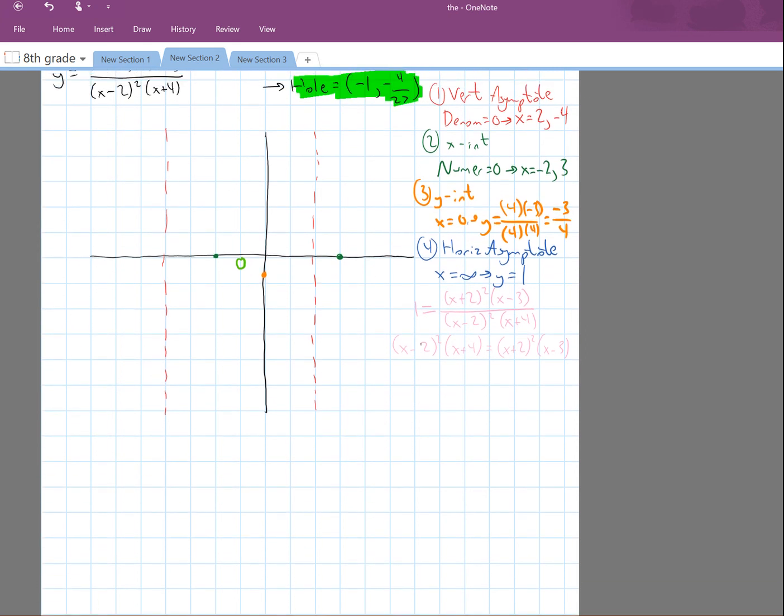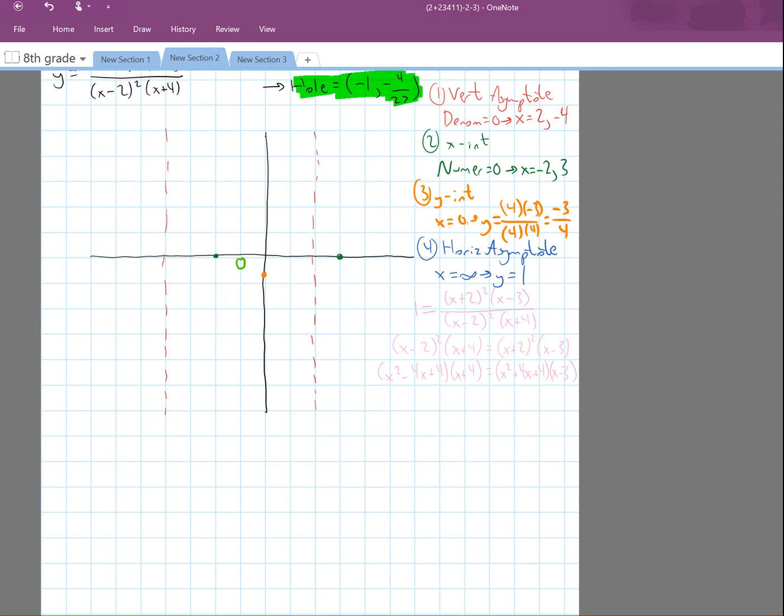Let's simplify these sides. x minus 2 squared would be x squared minus 4x plus 4. And x plus 2 squared is x squared plus 4x plus 4. We solve these last things to multiply. Now, we should know how to do this, right? Distribute both the x and the plus 4.